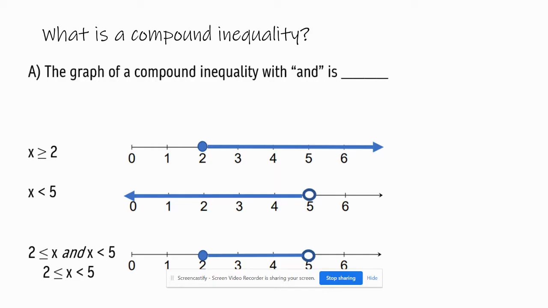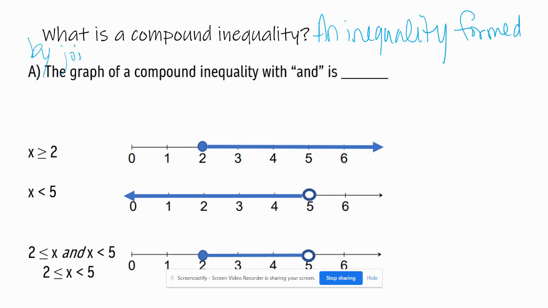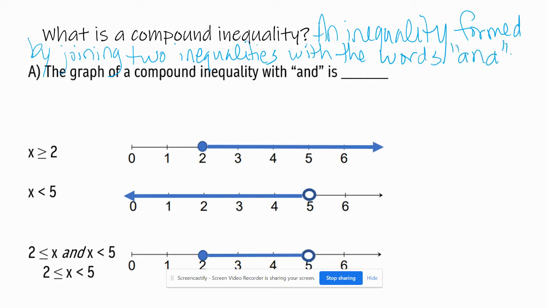So let's start with what is a compound inequality? An inequality formed by joining two inequalities with the words and, or.